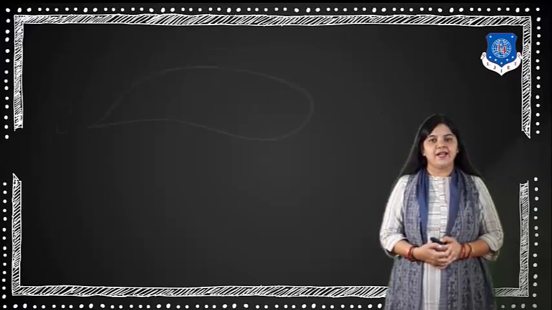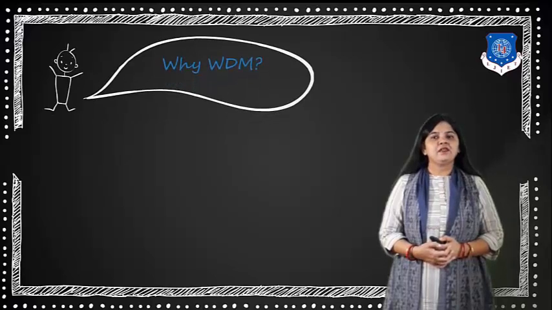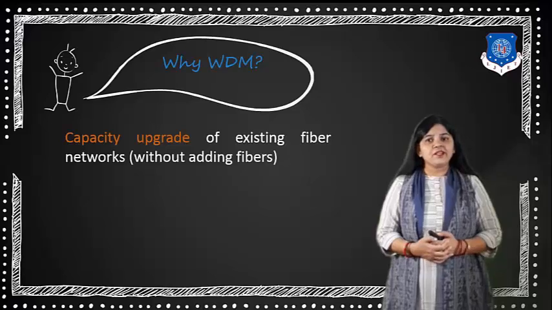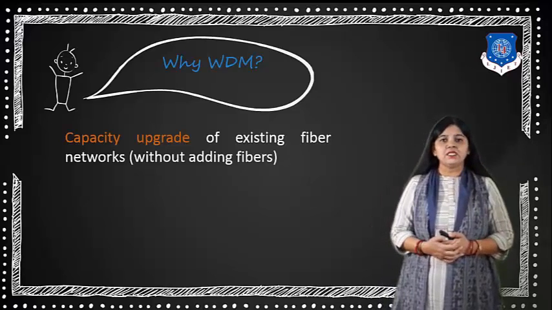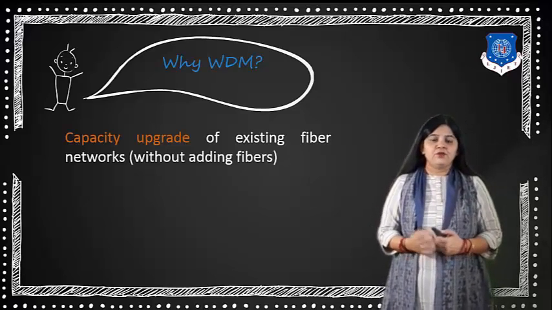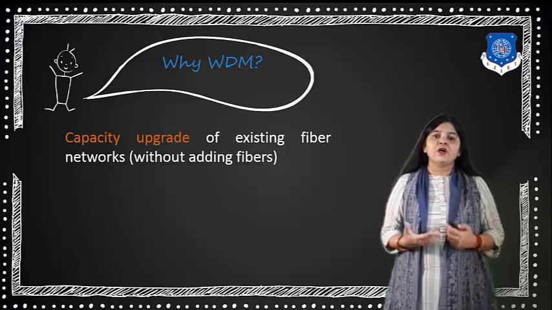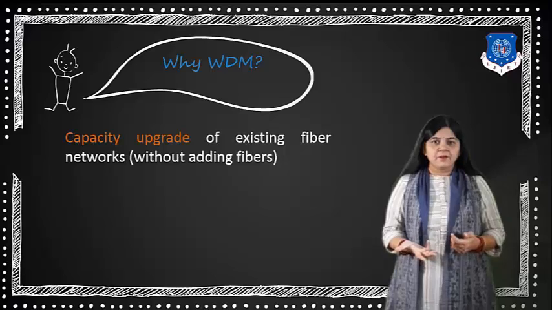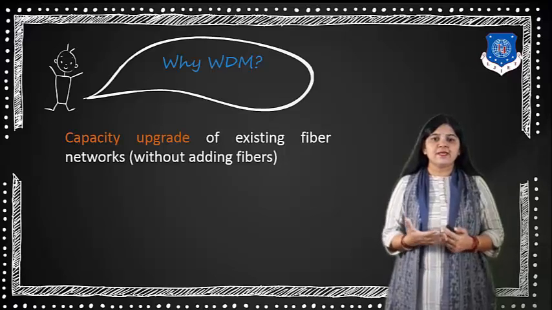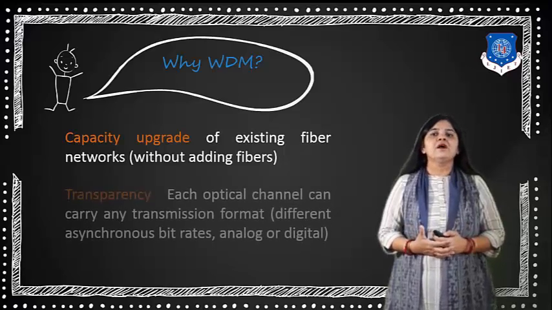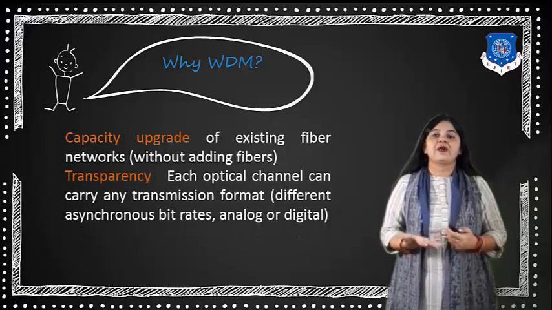at the other end. So why is WDM required? Whenever we want to upgrade the capacity without adding a new fiber, at that time, using the multiplexing technique, we can improve the capacity.